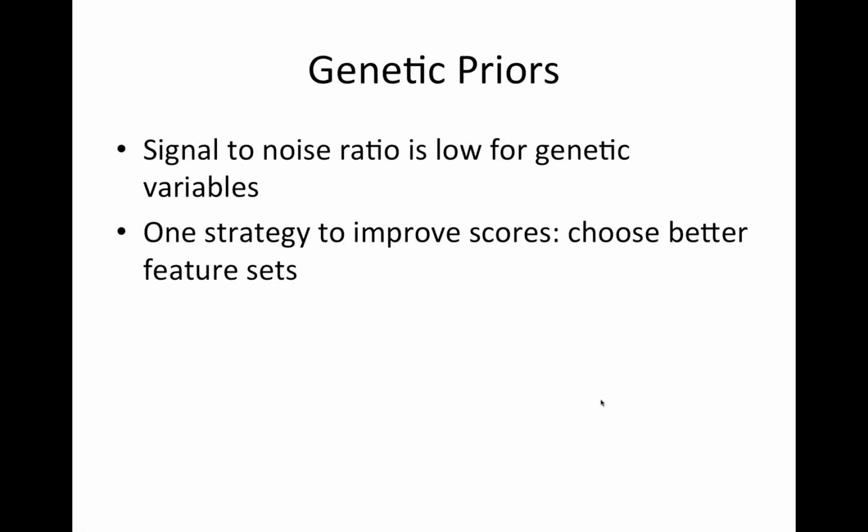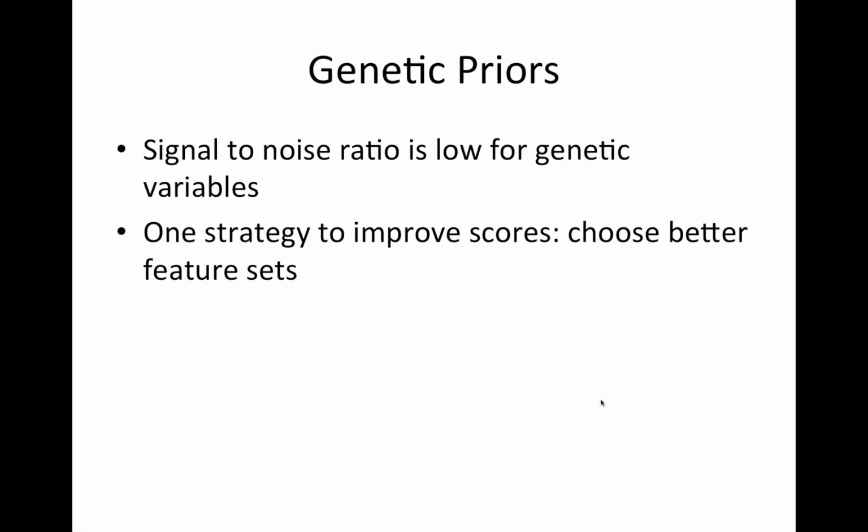So in Alzheimer's genetics in general, it is pretty well known that aside from the ApoE locus, the predictive power of any genetic marker is not particularly high.